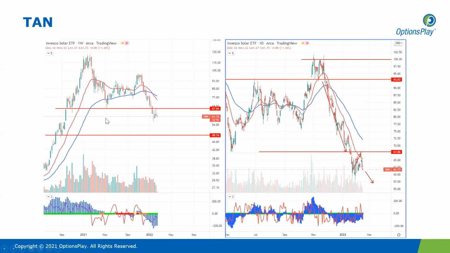But if we take a look at the weekly time frame, I think it's a much cleaner picture of what's happening from a technical perspective. We have this break above 67, 68 in September 2020, and price has just managed to stay above this level. A very obvious area of support at around, let's call it, 68. But on the weekly time frame, we can see price broke below that and has now come back to retest it.